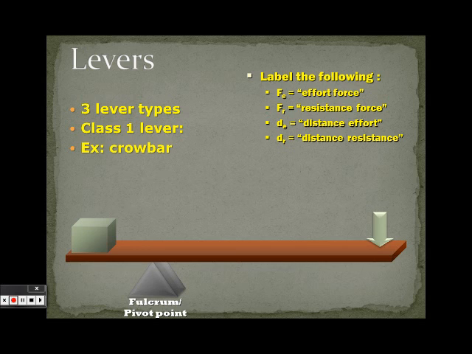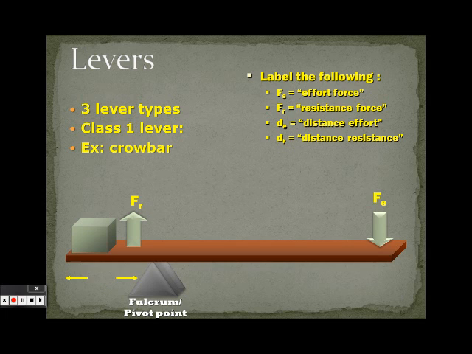So go through and label. What's this down arrow going to be? That's right, your FE. What's this up arrow going to be? Right, FR. Then we have our distance here.